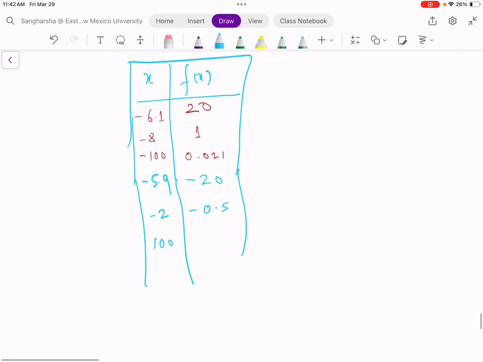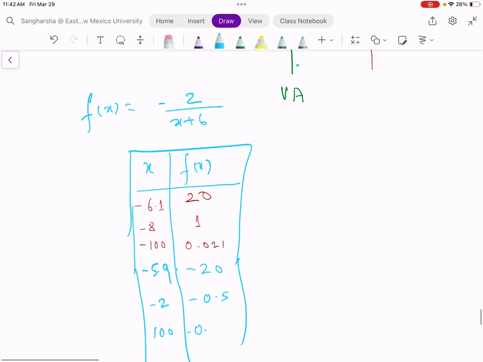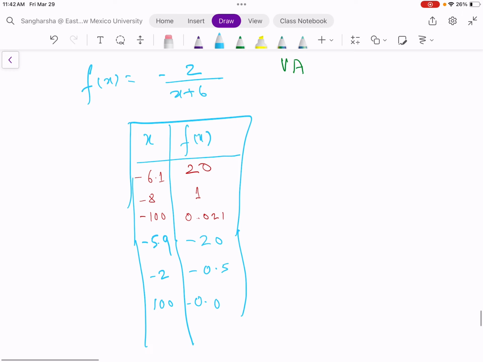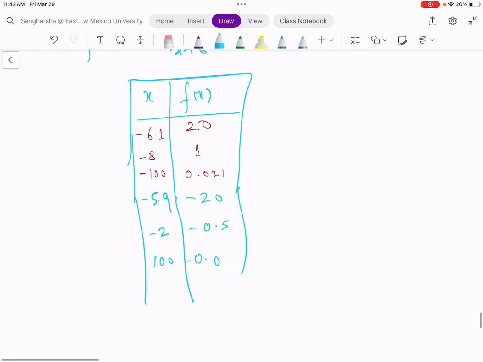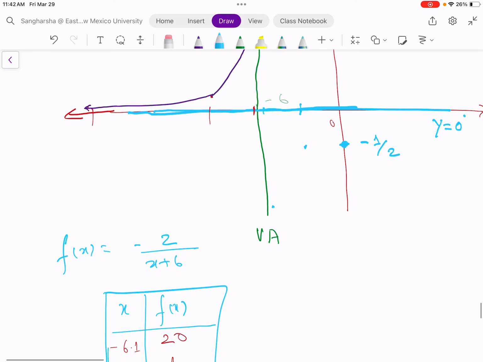Can you just divide -2 by 106? -0.018. That is very close to 0, so somewhere here, let's say. So you connect all these points and you get a graph, and make sure it does not cross the y-intercept, okay?